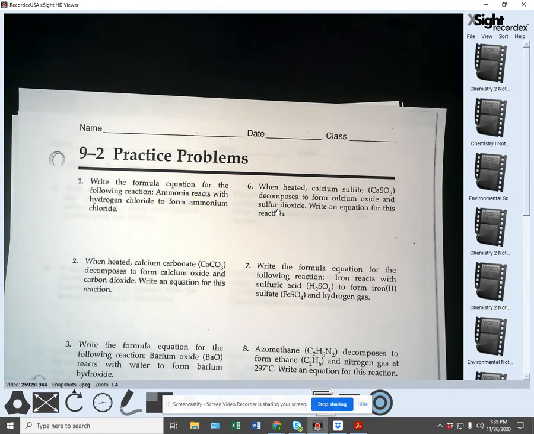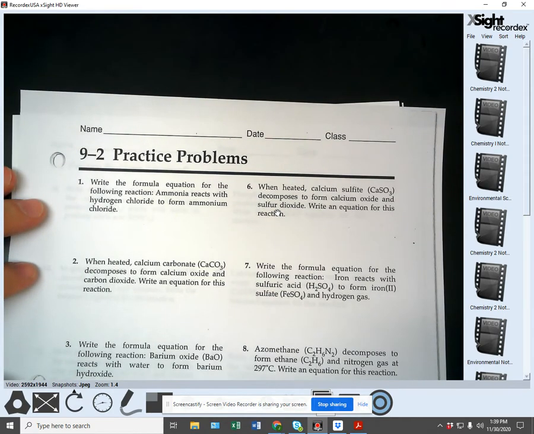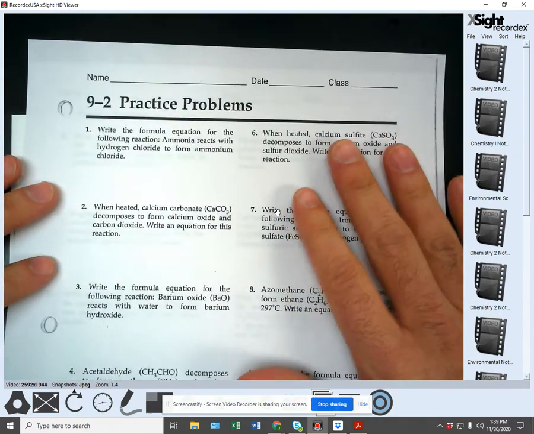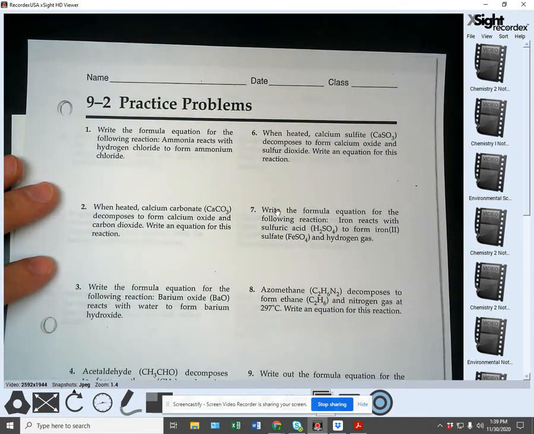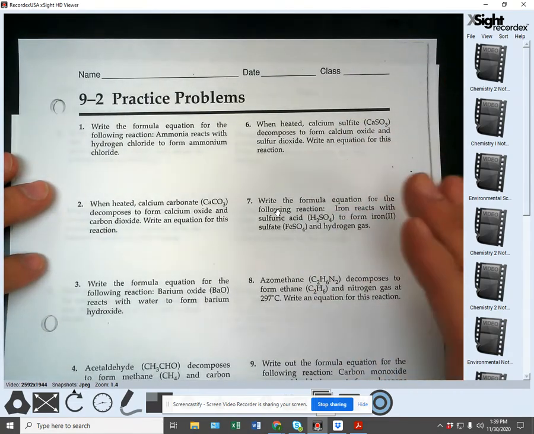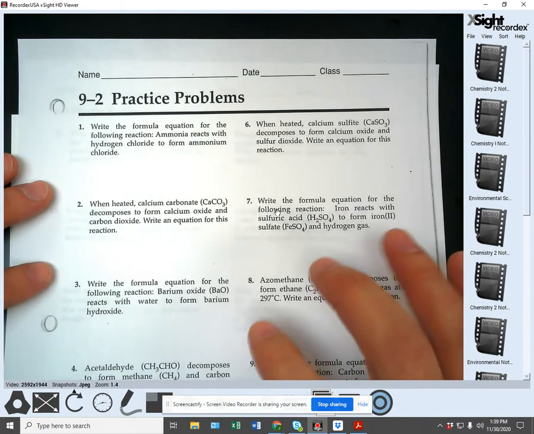Okay. So the first day, I'm going to have you do 1 through 10 on the 9-2 practice problems on the front. The ones on the front, you do not have to balance.